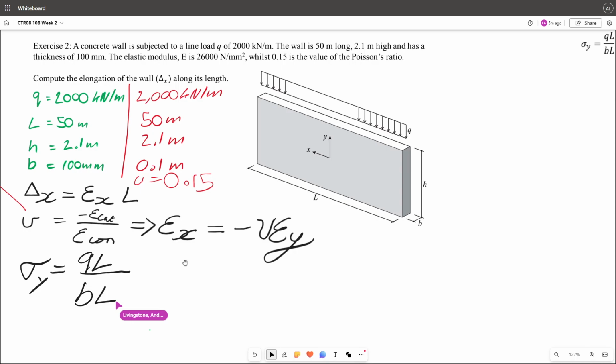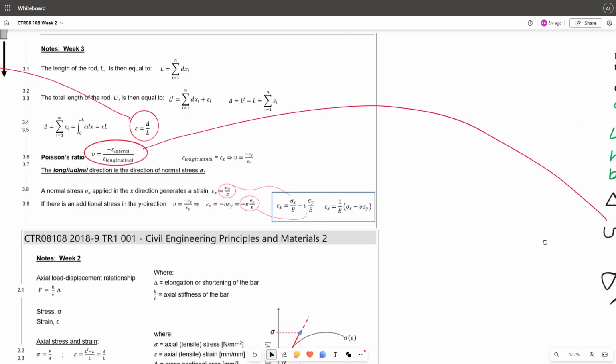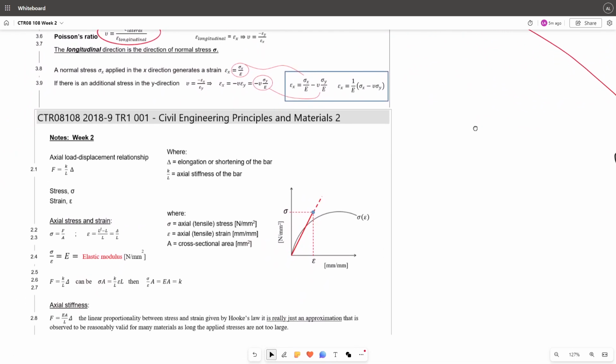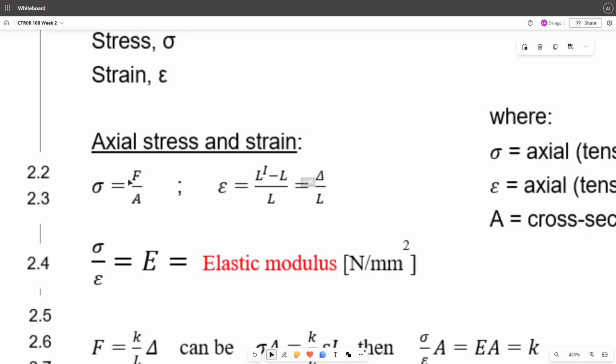Essentially that equates to, and you remember that equation from last week? Make sense? I'll show you what I mean. Here we are, this equation here. Right, that's what you're mimicking just now.